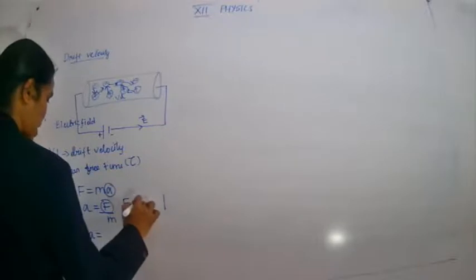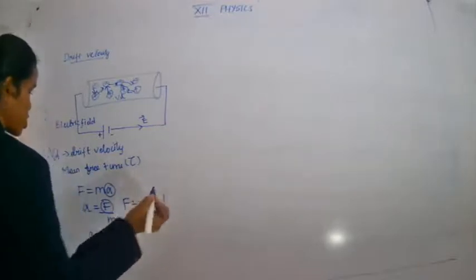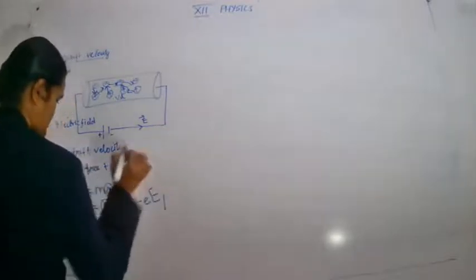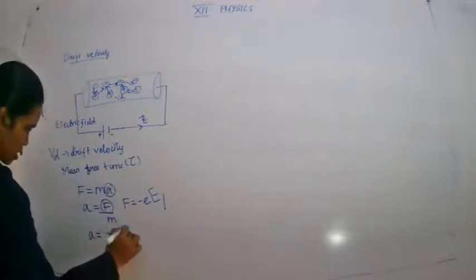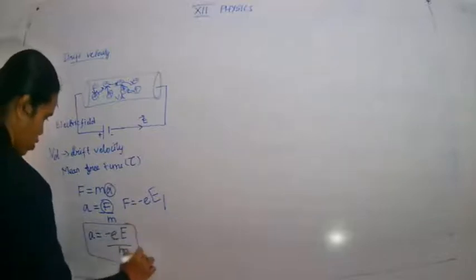Here the force is minus e times the electric field, so a equals minus eE by m. This is the acceleration created by the electric field on the electrons.